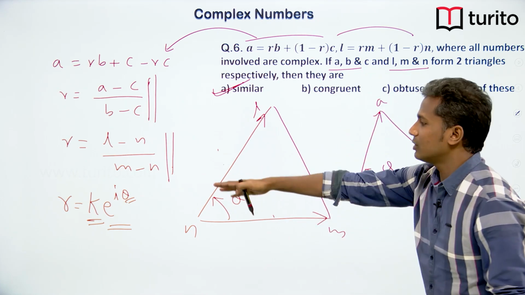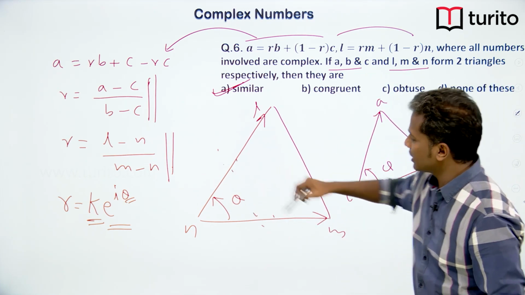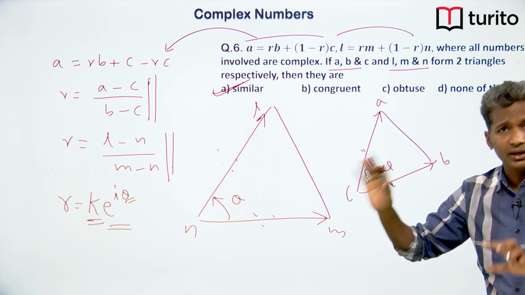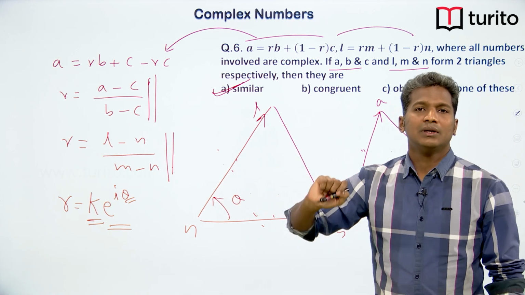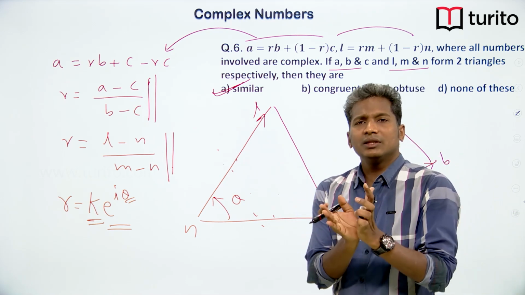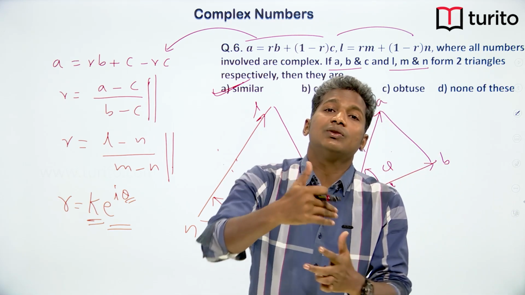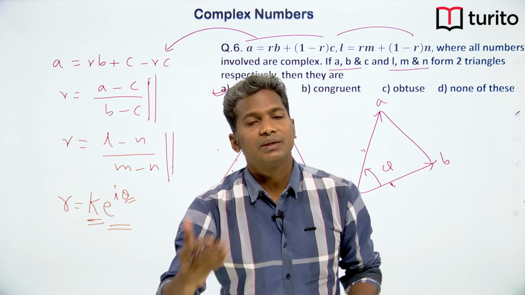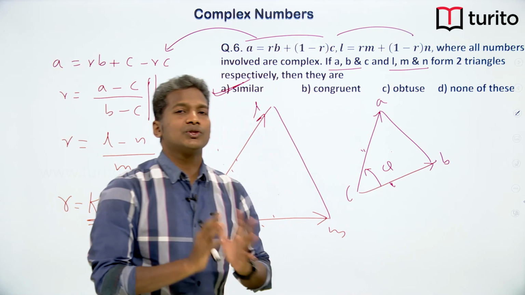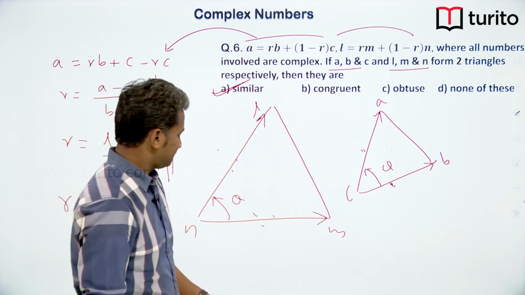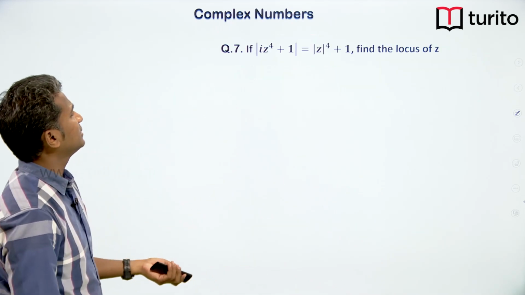So, here that is what it means: ratio of these two sides and ratio of these two sides must be equal, and also the angle between these two sides must be equal. Now, if angle is equal, then there can be similarity. If the ratio is also equal, then there is similarity. Okay. It can be congruency also, but we can surely say that it is similar. Okay. Can we move on to the next question?